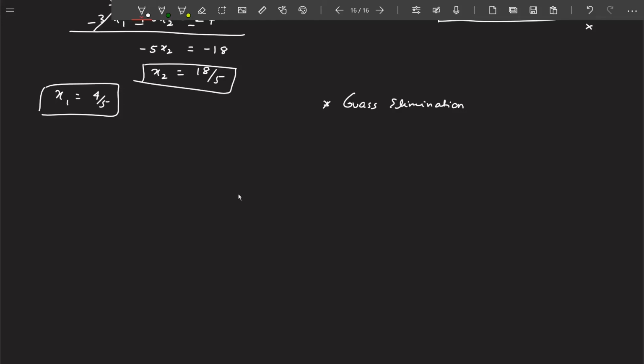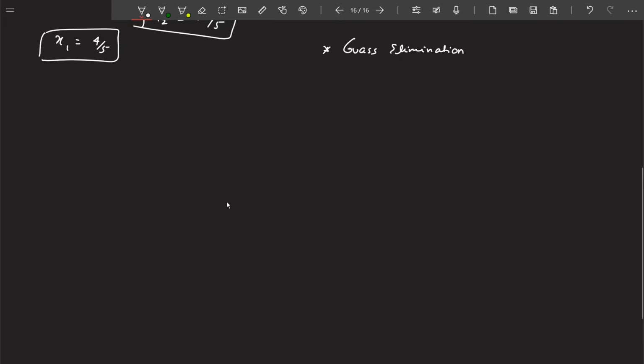So Gauss elimination is very interesting. I think in this lecture and the next lecture, we are just going to discuss Gauss elimination. The Gauss elimination that we are going to discuss now is known as naive Gauss elimination.